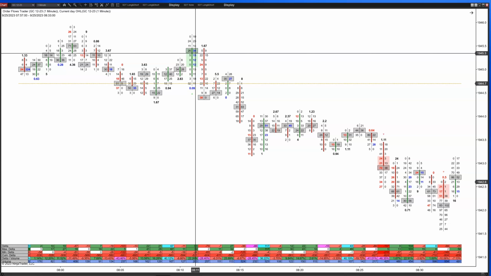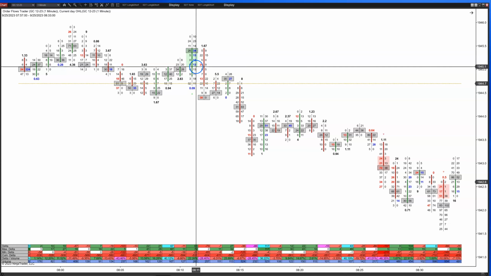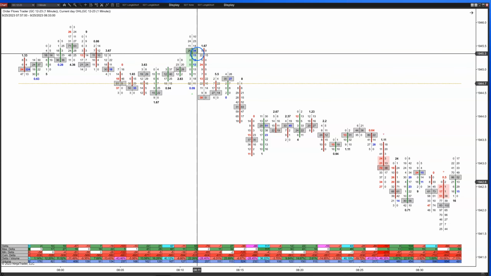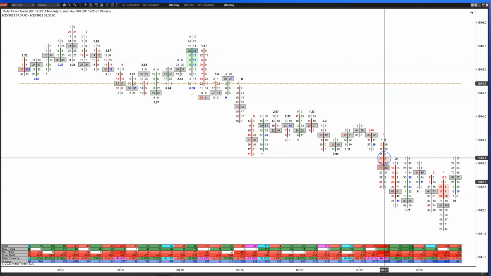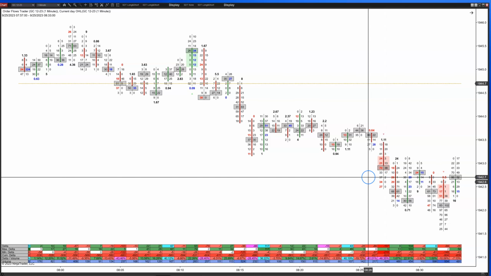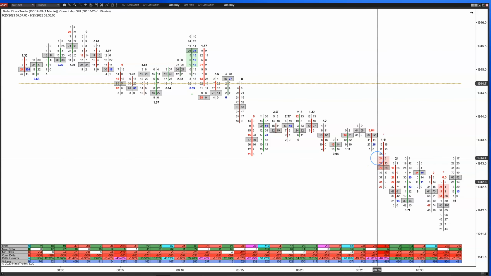Now, what causes that? Well, oftentimes it can be a couple of things. It could be a big order going through the market. Maybe somebody had 50 lots to buy, or 70 lots to buy, so they just swept through the market. Or they had 100 to sell, so they swept down through the market, here and here. Sometimes it could be a stop that gets triggered.